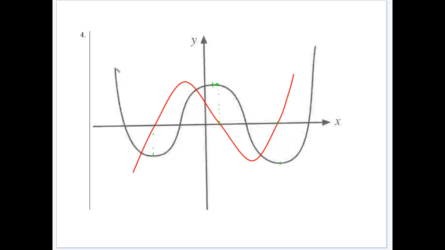And the curve is falling to this turning point, so it's a negative gradient. Then it rises, so it's positive. Then it falls, so it's negative again. And then it goes through 0 again when it turns, and we get a positive gradient.